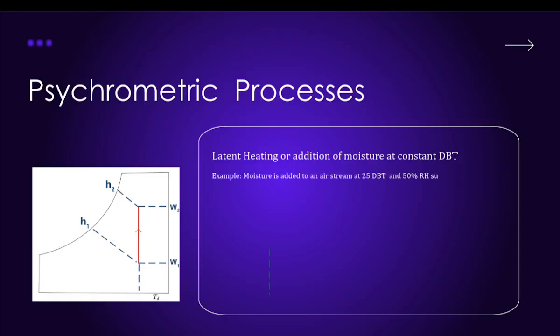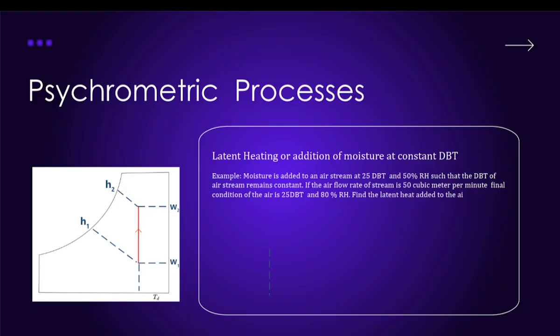So moisture is added to an air stream at 25 dBT and 50% relative humidity such that the dBT of the air stream remains constant. If the airflow rate of the stream is 50 cubic meter per minute, the final condition of the air is 25 dBT and 80% relative humidity. Find the latent heat added to the stream.